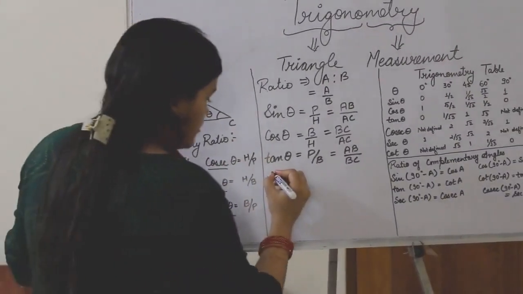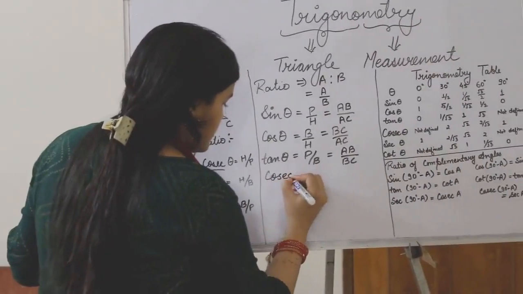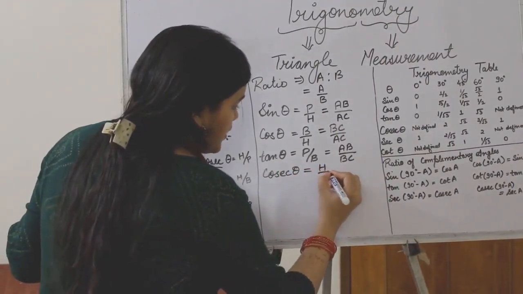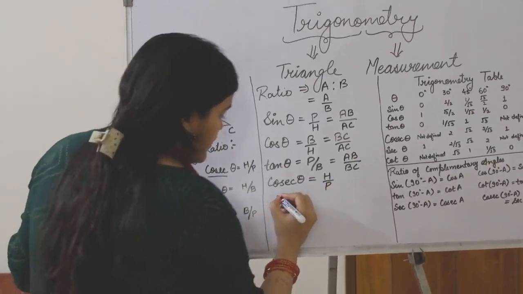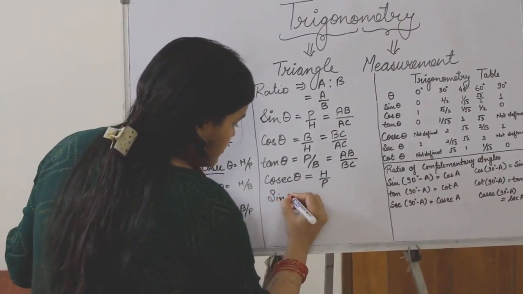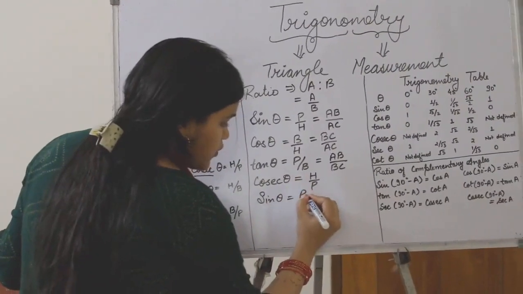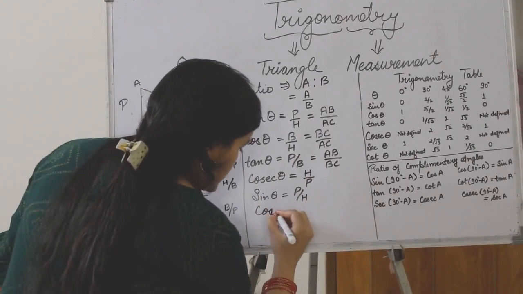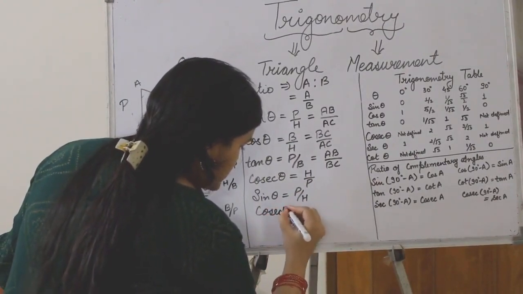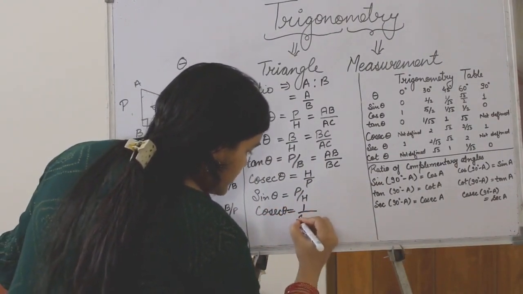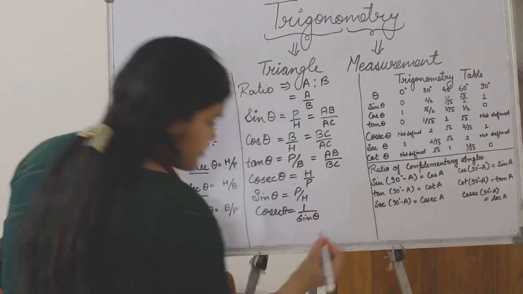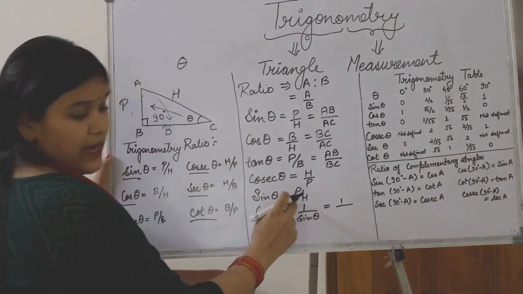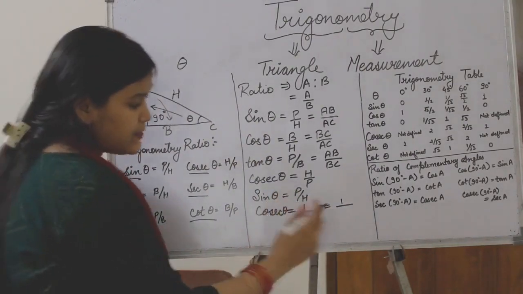Let me show you. For cosec theta, the formula is hypotenuse upon perpendicular. And for sine theta, the formula is perpendicular upon hypotenuse. As I say, cosec theta is equal to 1 upon sine theta. So we can write 1 upon, for sine theta we can write P by H, that is perpendicular upon hypotenuse.